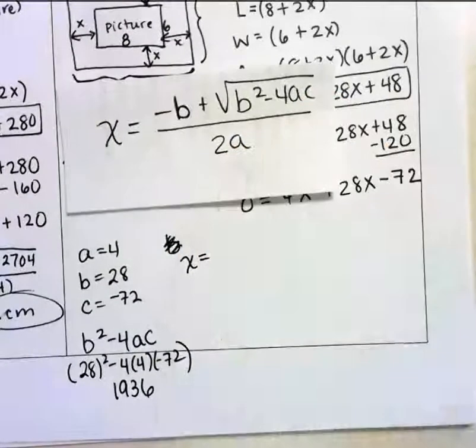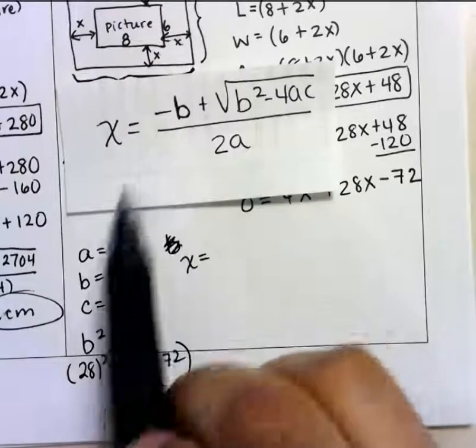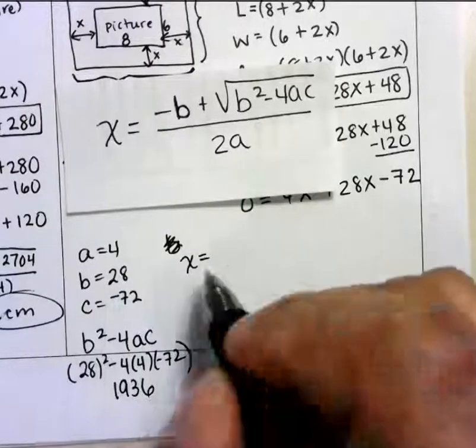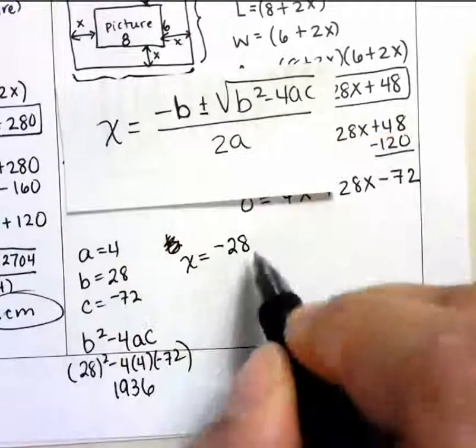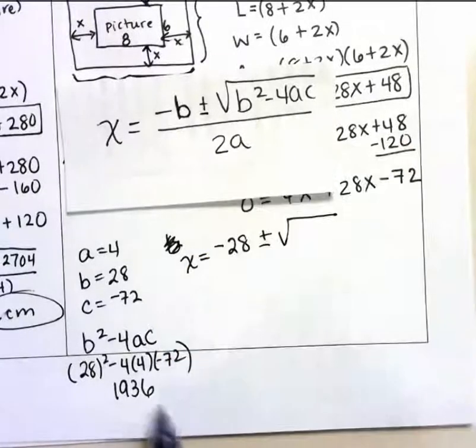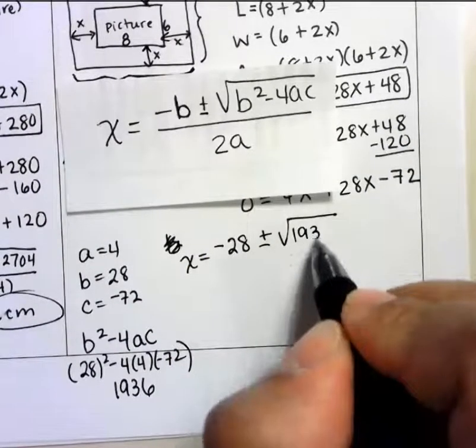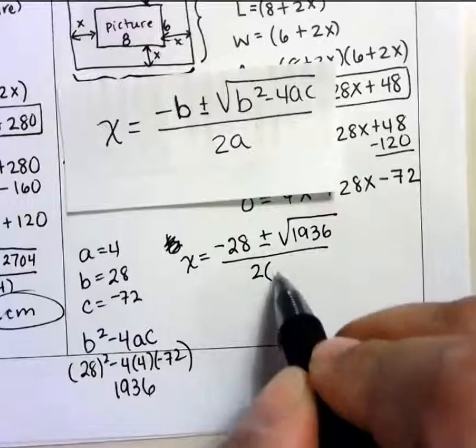Here we go. x equals negative b, that means the opposite of b. My b is 28, so the opposite of 28 is negative 28, plus or minus the square root of the discriminant, which is 1936, over 2 times the value of a, which happens to be 4.